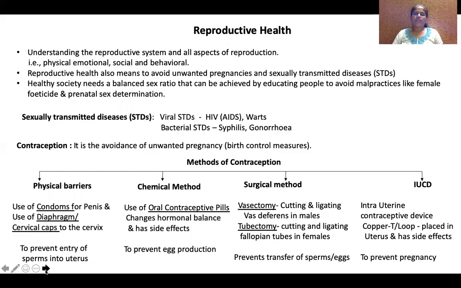After knowing that, it is our responsibility to know about reproductive health. Both males and females should know the importance of reproductive health, and should understand the reproductive system and all aspects of reproduction.